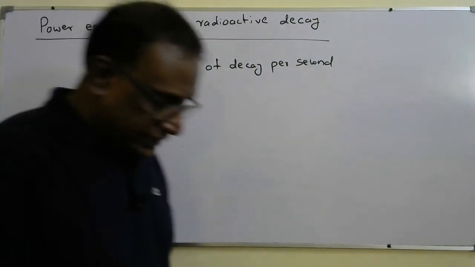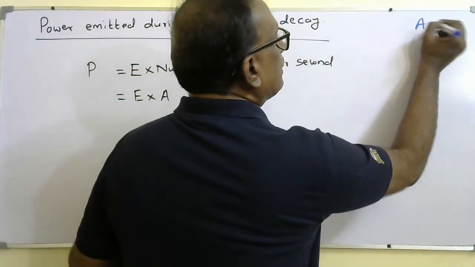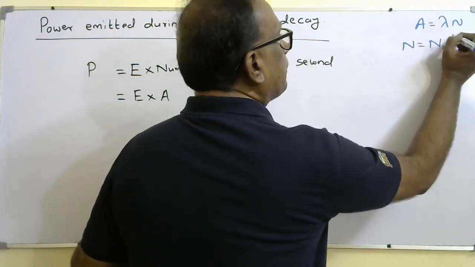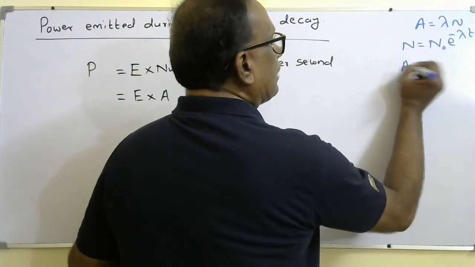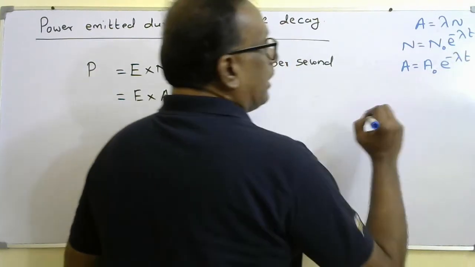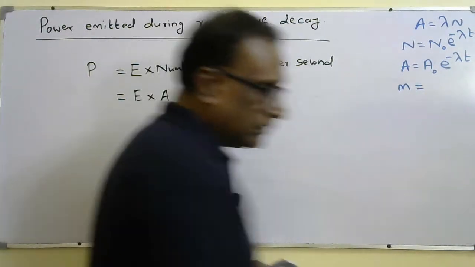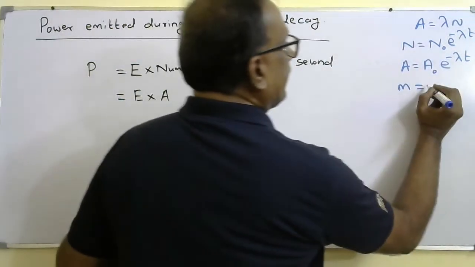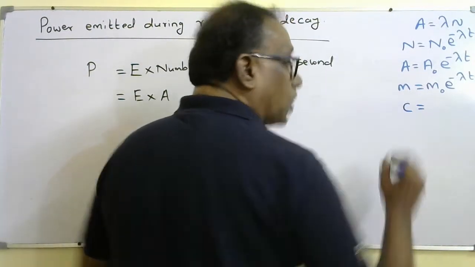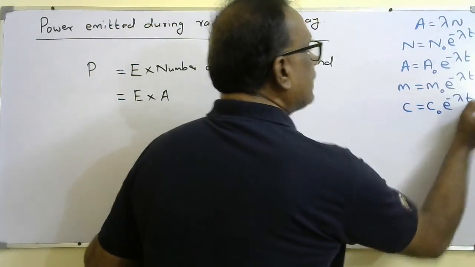So how many equations have we learned so far? First equation we learned, A equal lambda N, then N equal N naught e to the power minus lambda t, A equal A naught e to the power minus lambda t. Then even for the mass of the radioactive element, m equal m naught e to the power minus lambda t. Even the count rate when the daughter nucleus is stable, we can say C naught e to the power minus lambda t.